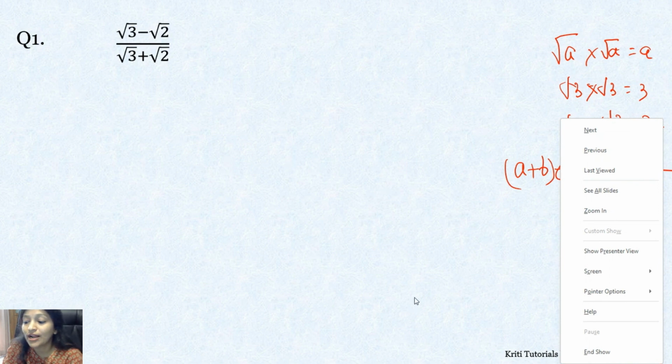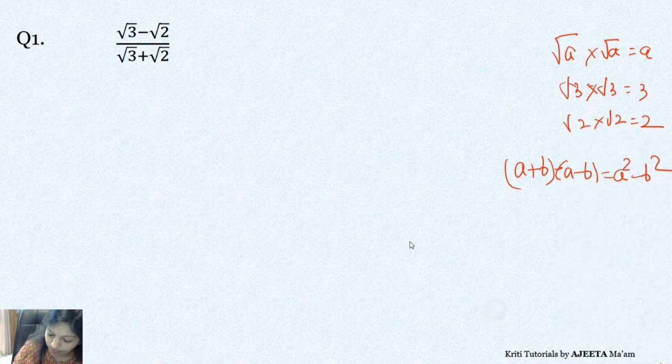Clear? So that's the point. So here we can get the squares in that way. Correct?